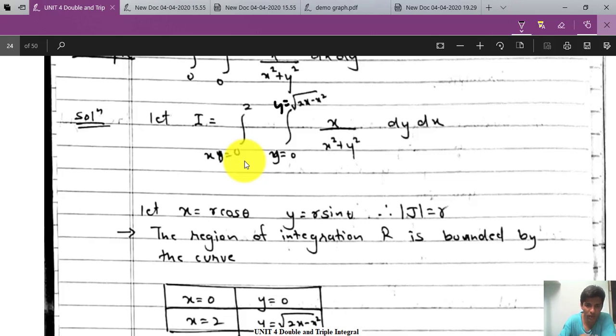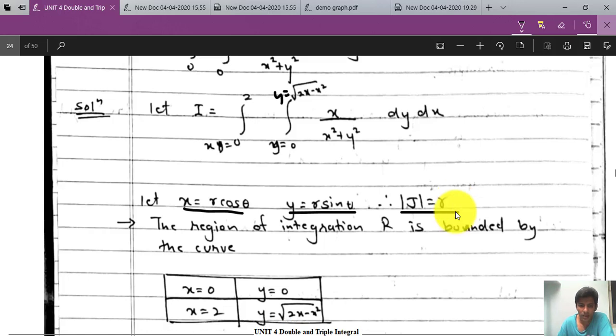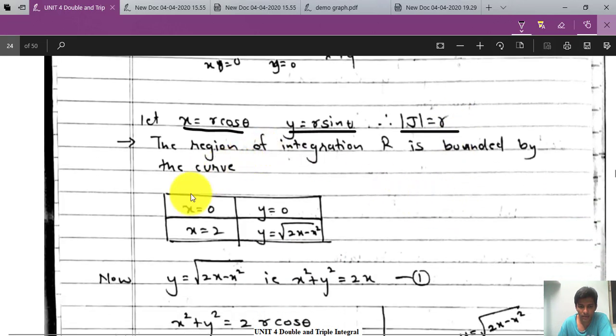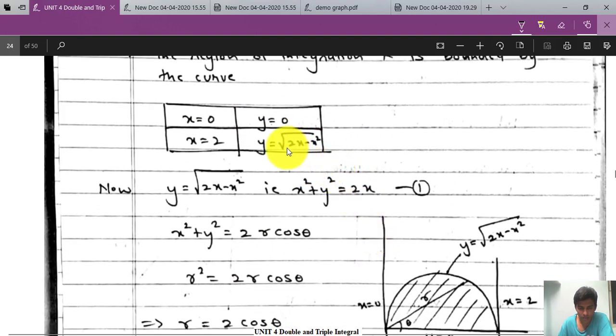So what is the strategy? Let x equal r cos theta and y equal r sin theta, and the Jacobian, that is the determinant of J, is equal to r. Now the region of integration is bounded by the curve. So first thing is, let me have a rough sketch.